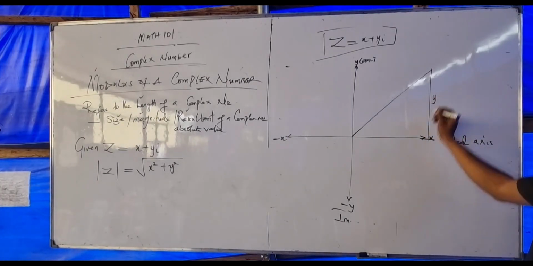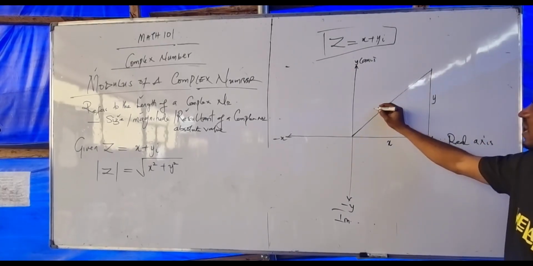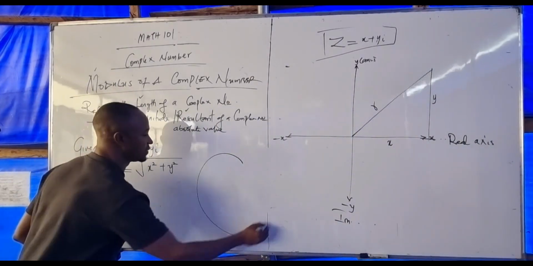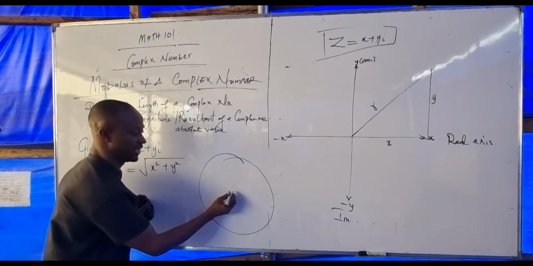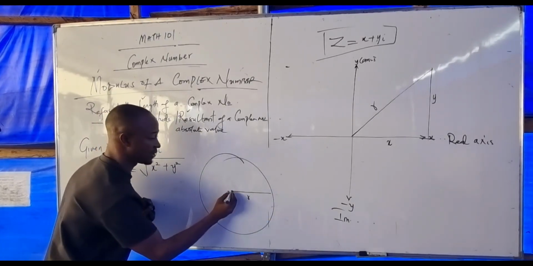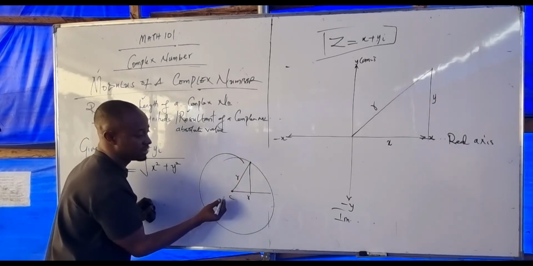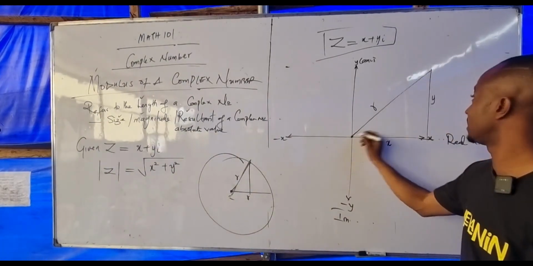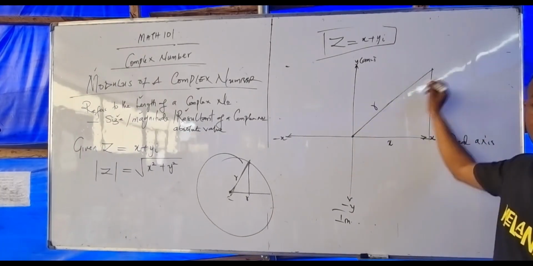Here we have y, here is x. From here to here is called the radius. If you have a circle, a circle means the locus of points at equal distance from a fixed point called the center. If I have a center here, from here to here is your radius, and this is also your radius.